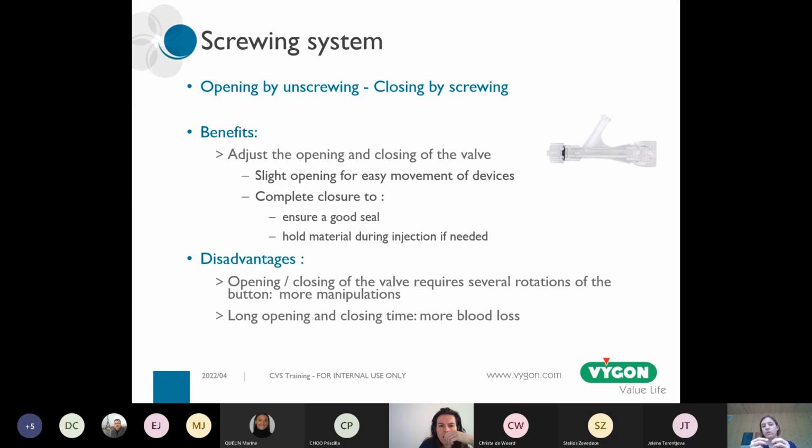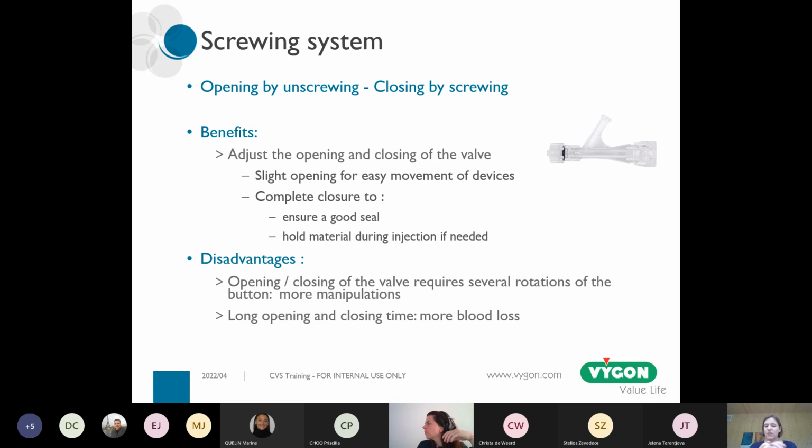You turn, for example, and you can move the device. But if you need to have a complete closure, for example, when you will inject, you need a complete closure to avoid the material moving. You can close completely. So the advantage is that you can adjust the opening and the closing of the valve.